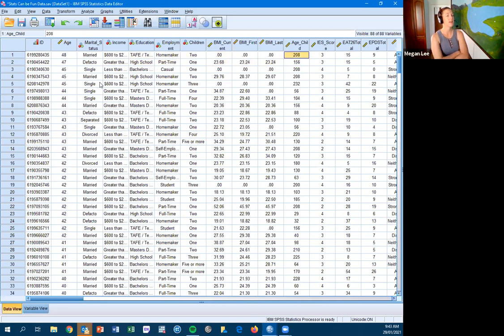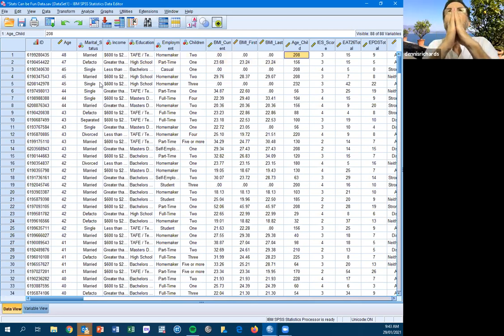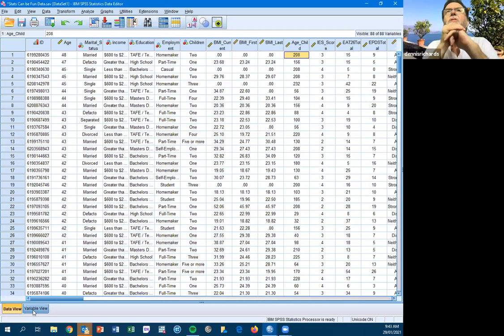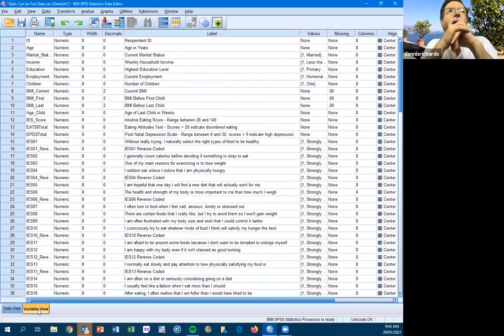And the first lady's youngest child is 208 weeks, which is nearly 4. And the lady who's 47's child is nearly 3, or pretty much straight on 3. Interesting. Potentially IVF babies.